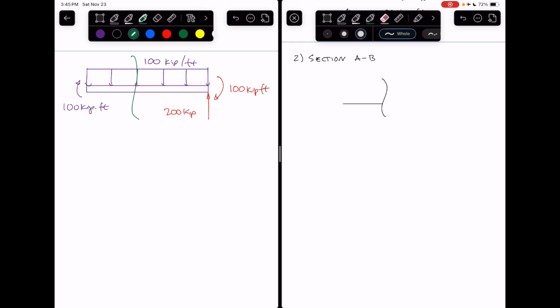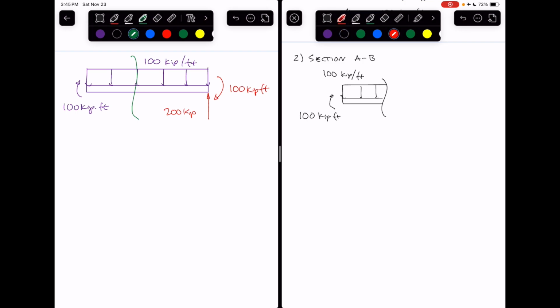It has a portion of the distributed load that I see is still at 100 kip per foot. It shows my external couple of 100 kip foot.